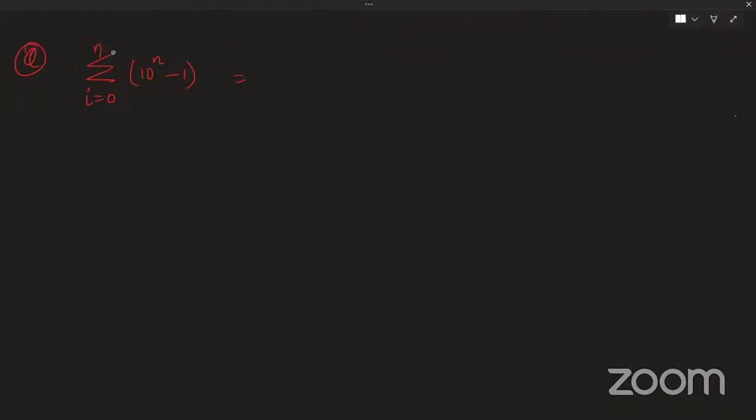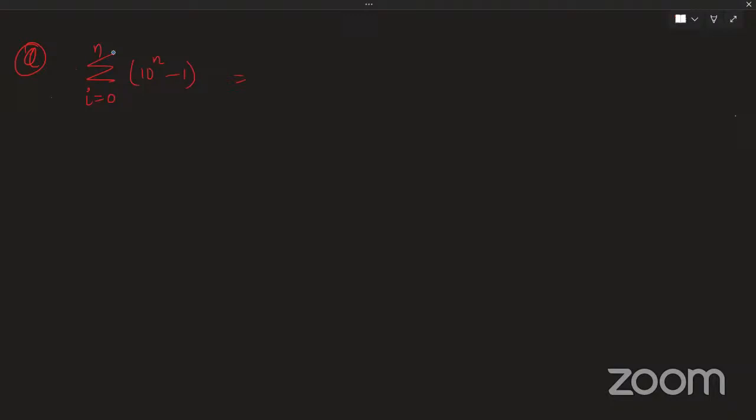Just look back into the concept that I had told you. You are given the variable as i, okay? Your variable is i, but the issue is the function inside it.